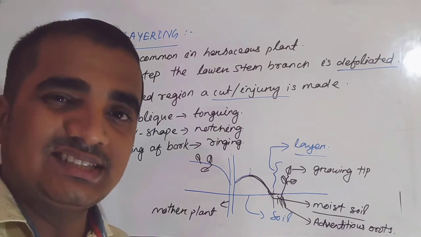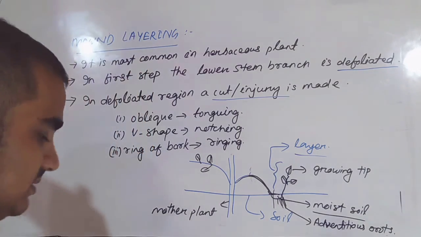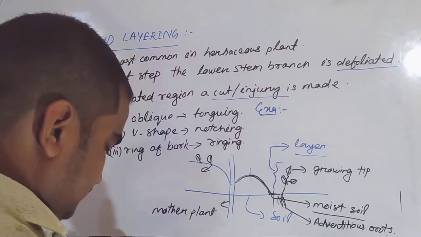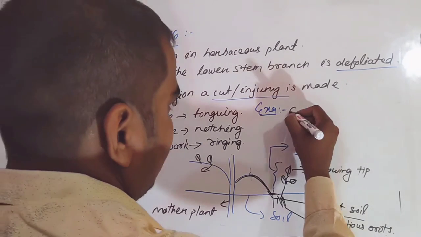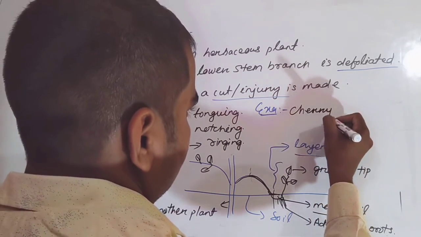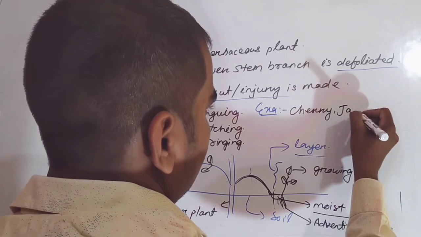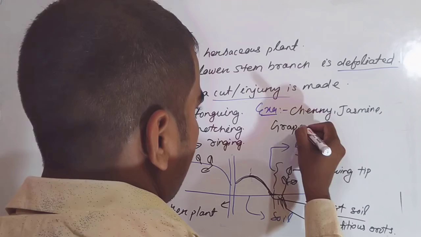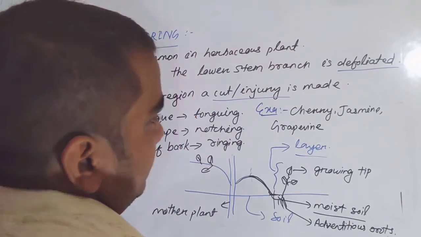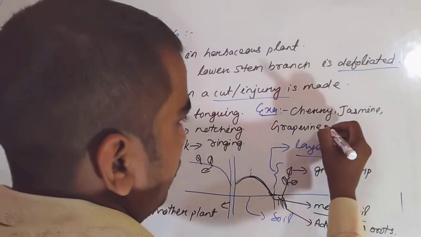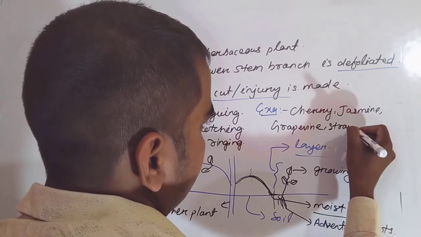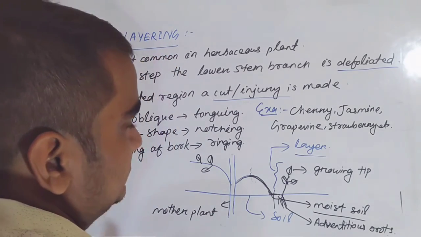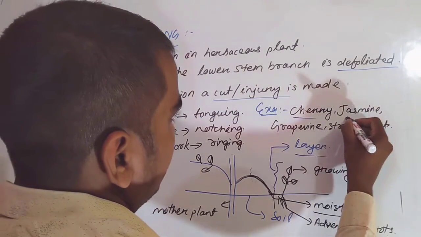And this process is practiced in plants like cherry, jasmine, grapevine, strawberry, etc. These are the plants in which the mound layering process is done.